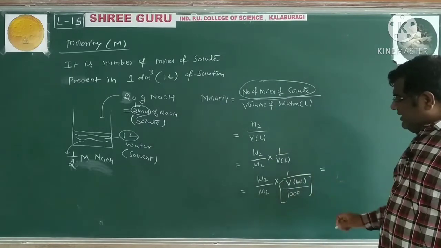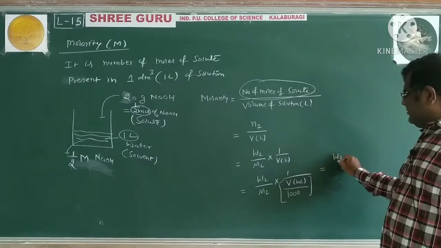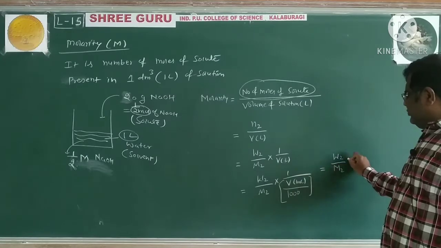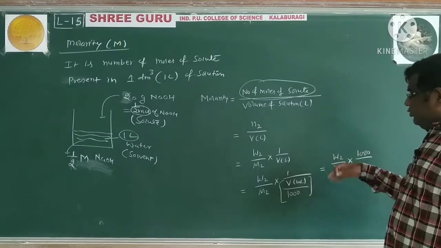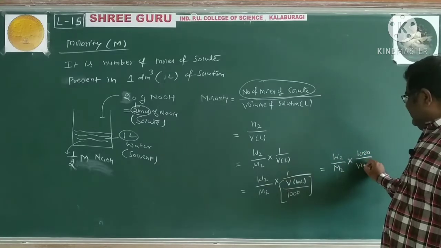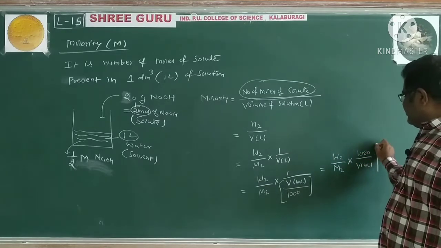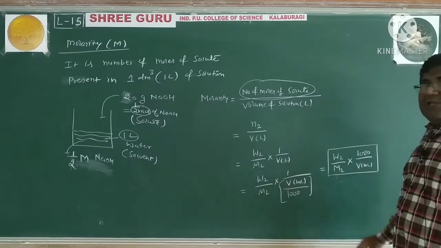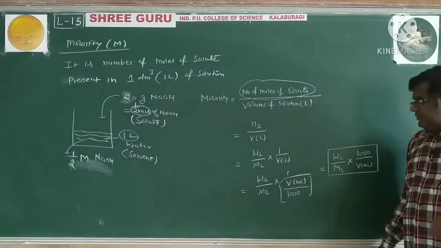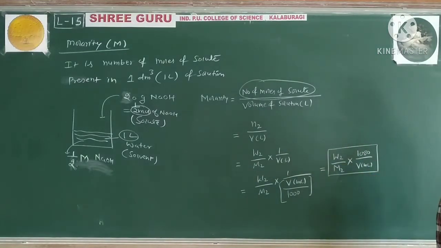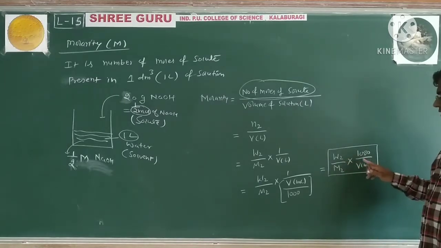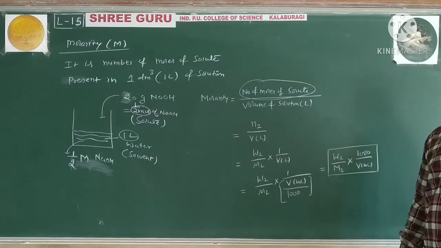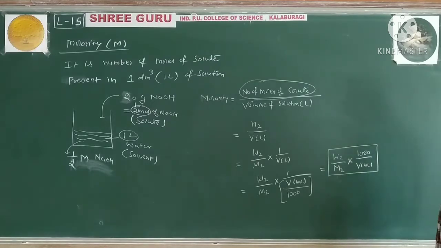So you can simplify this term and write W2 by M2 multiplied by 1000, keeping it in the numerator, and divided by volume of solution in milliliter, like this. So this is the formula of molarity: W2 by M2 into 1000 by volume of solution in milliliter.